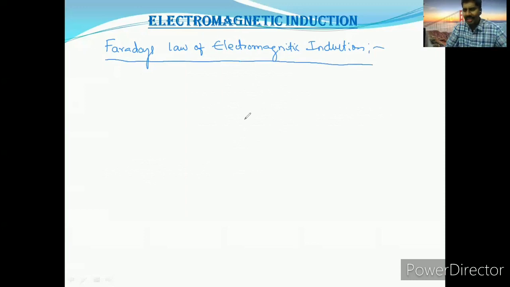So here, what Faraday's law means is that there is a relative motion between a magnetic field and a conductor or coil. In between that relative motion, we state Faraday's law. Due to relative motion between the magnetic field and the conductor or coil of magnetic lines, it induces an electromotive force or EMF in the coil.